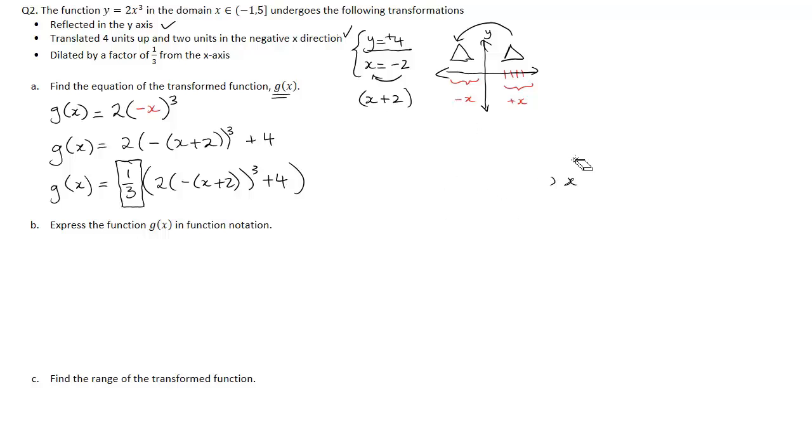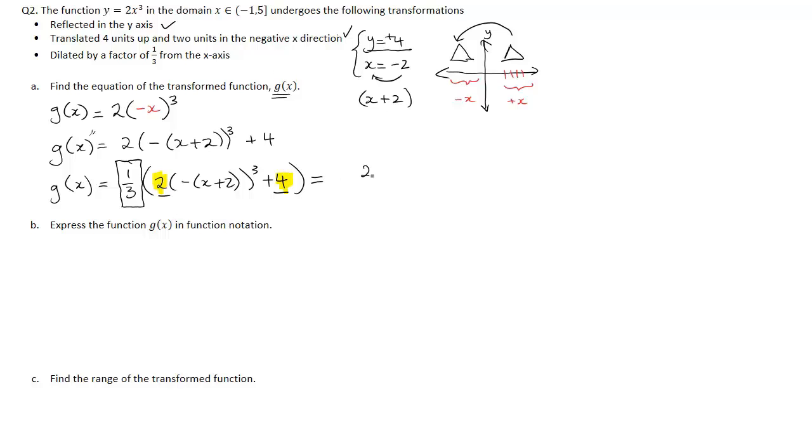And so to get the proper equation, I may try to expand that. Actually, even better than expanding it, I may try to factorize or take out a common factor of 2 from inside of here.